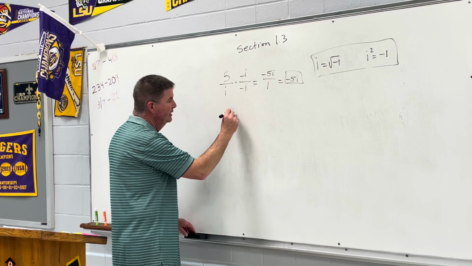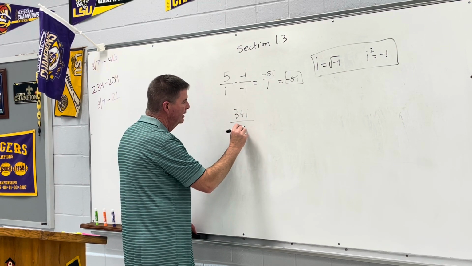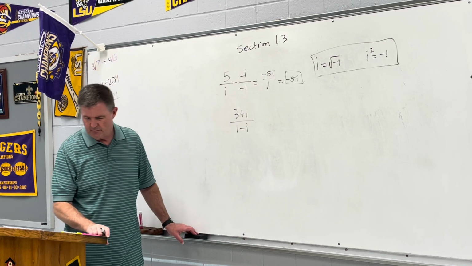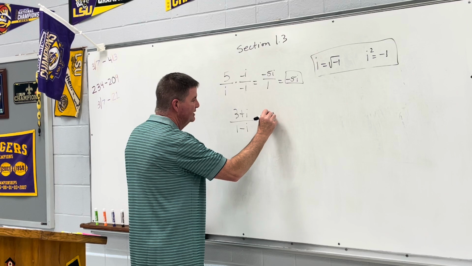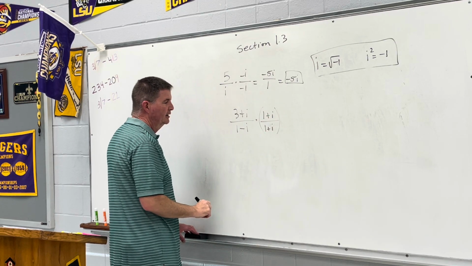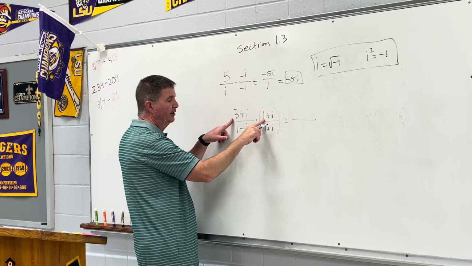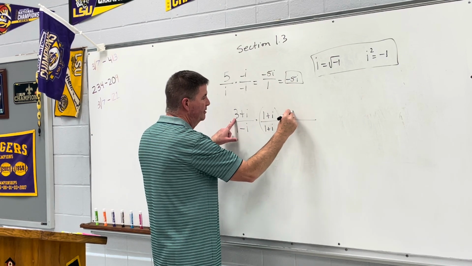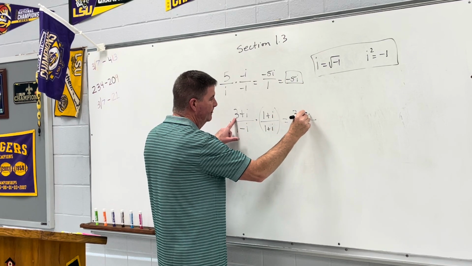And the last one that we have here, 3 plus i over 1 minus i. In this case, we're going to multiply by 1 plus i over 1 plus i. On the top, we're going to have to FOIL, which is going to give me what? 3 outside, so plus 3i.